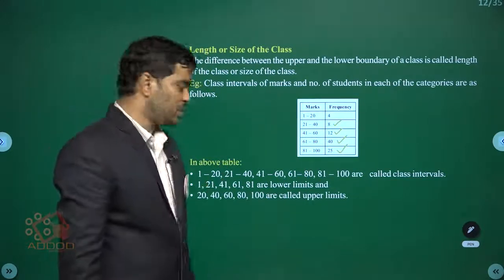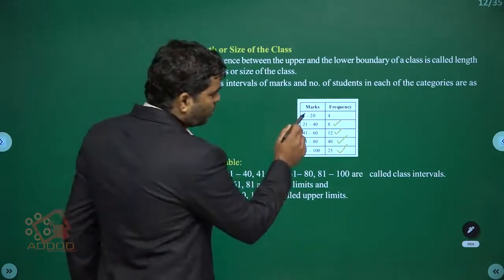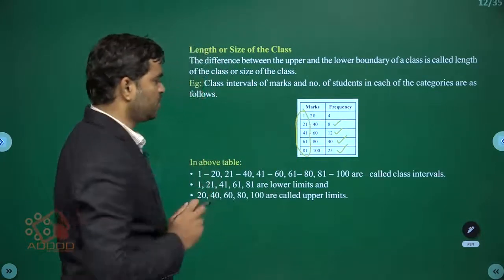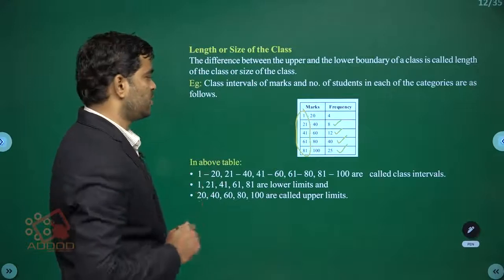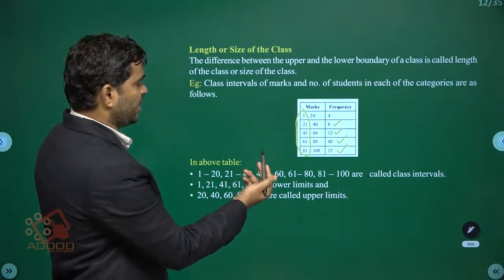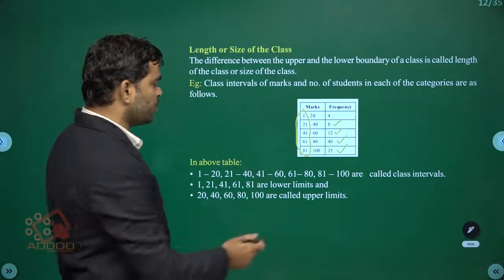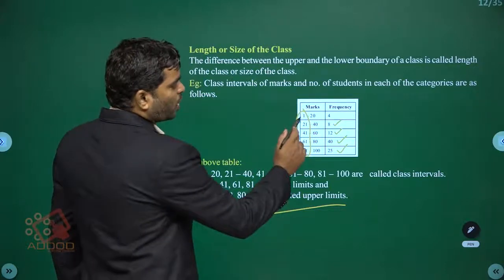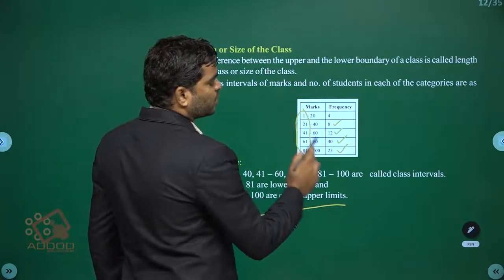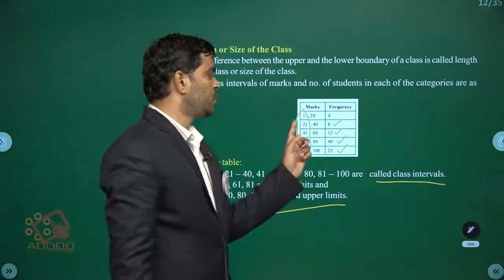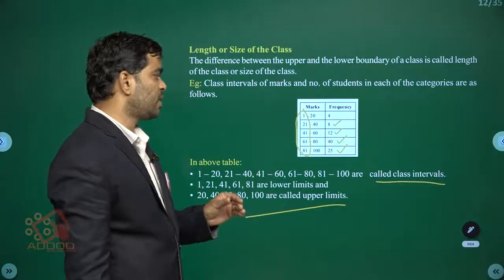In the above table, these are all 1, 21, 41, 61, 81. These are the lower limits, and 20, 40, 60, 80 and 100 are called upper limits. What is that 1 to 20? It is named a class interval. 21 to 40, that is one particular class interval.